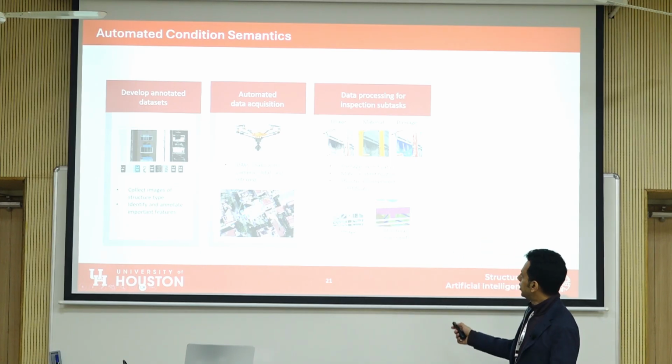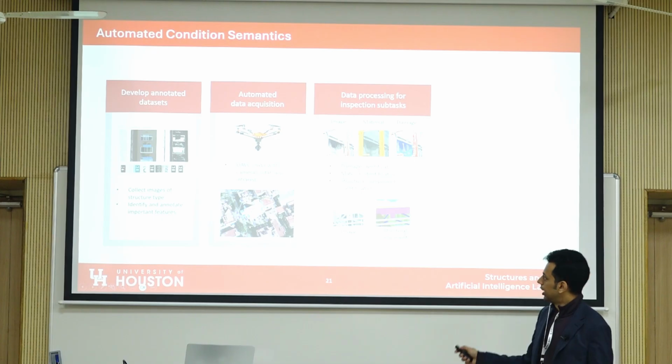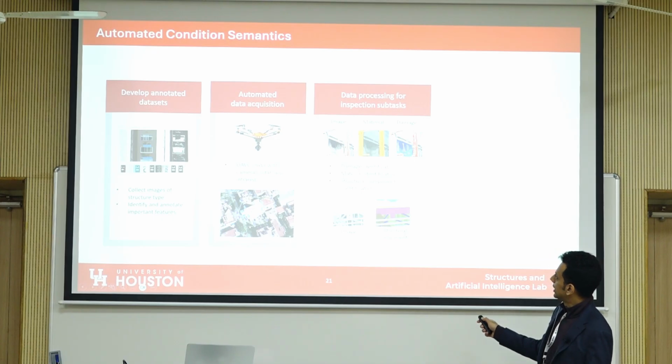Now, when we are doing this, we are understanding the semantics of the image. And so if you segment different classes, right? So here you can see the materials, so steel and concrete, they're segmented in different colors. And you can see some corrosion in red, spalling in blue, and the rebar in orange.